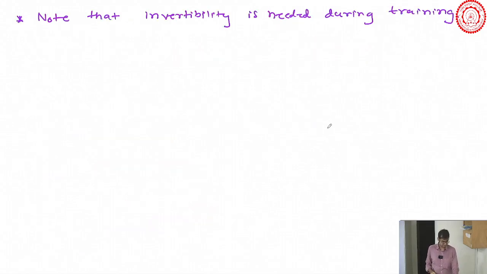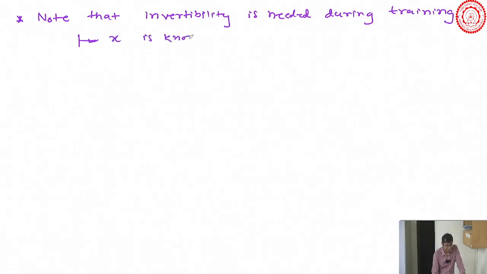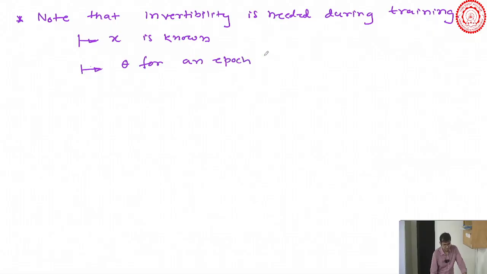Note that invertibility is needed only during training. At this time, x is known, theta for an epoch is constant.